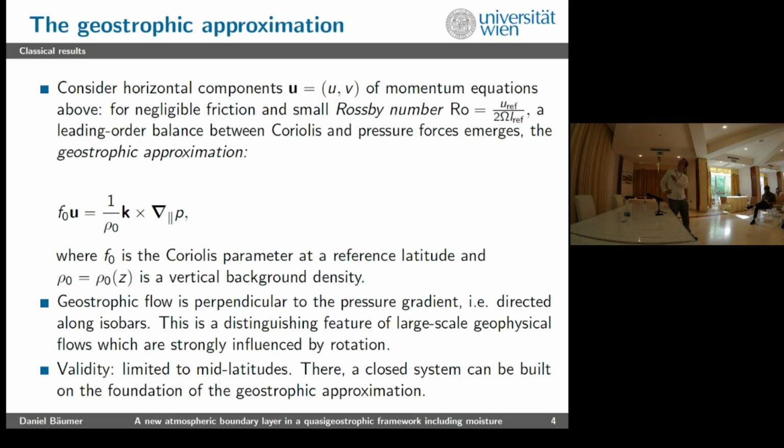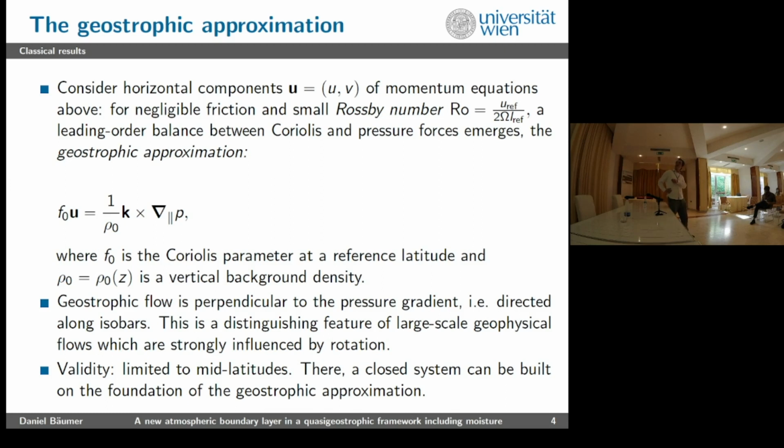If the Rossby number is small, that means that the forces of rotation play an important role in the dynamics. Since we're investigating large-scale flow, that will be the case in all that is to come. Then a leading order balance emerges, which we will later derive properly, and it's called the geostrophic approximation.